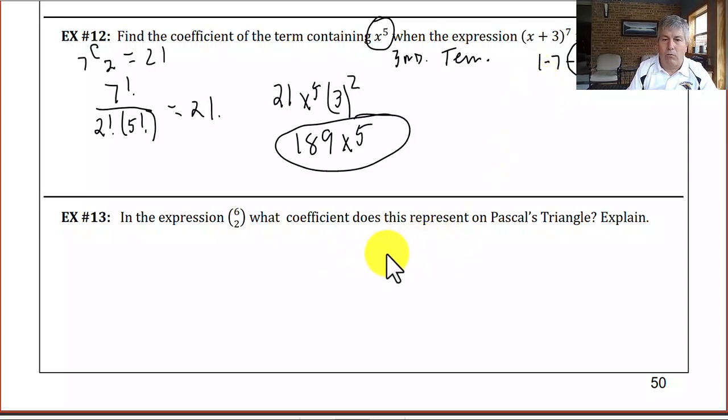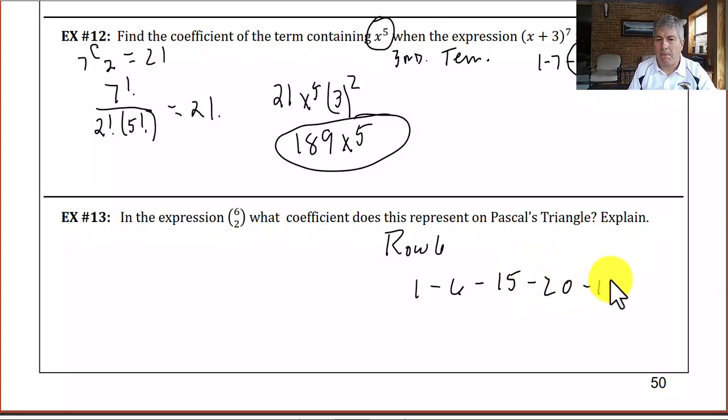So our row 6 in Pascal's triangle looks something like this. And this is the 0 term, the first term, the second, the third, the fourth, the fifth, and the 6th term. So of our 7 terms, that's going to be the 0 term.